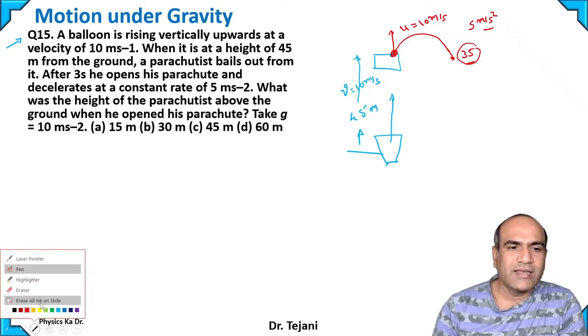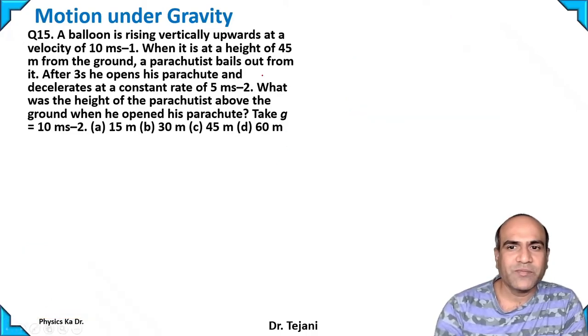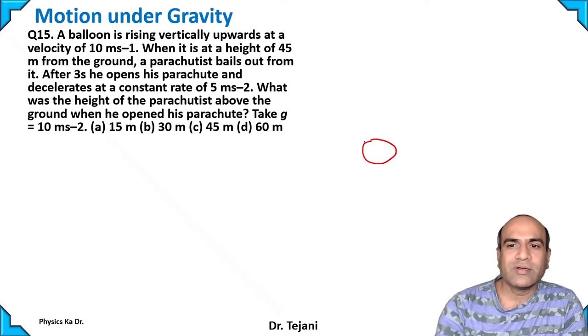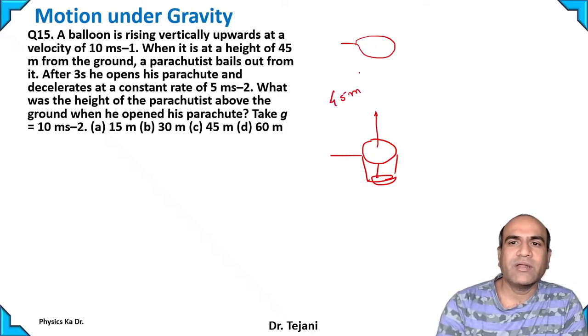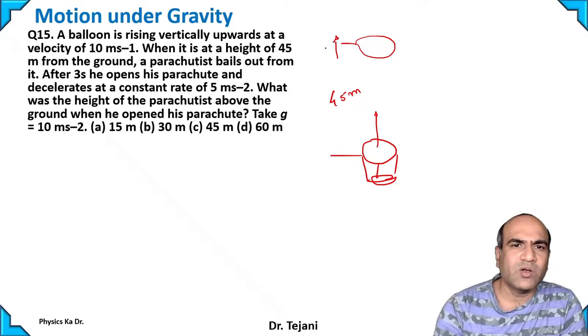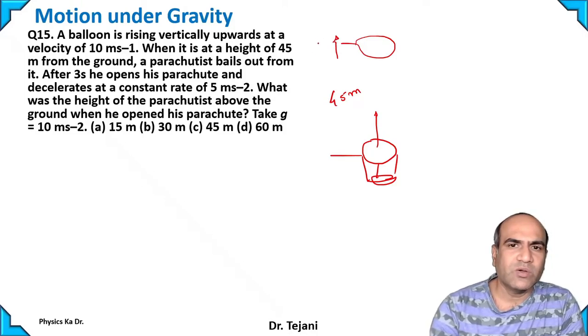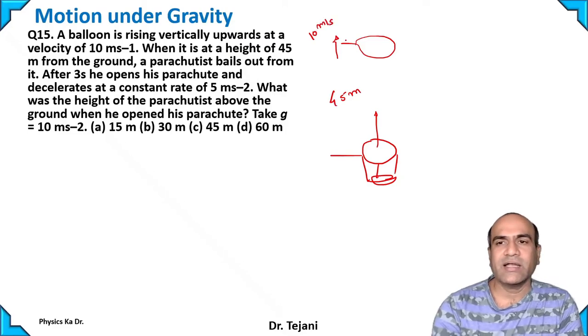Let's again read this question. A balloon is rising vertically. It reaches somewhere here at a height of 45 meter, and the velocity of this balloon is given as 10 meter per second.